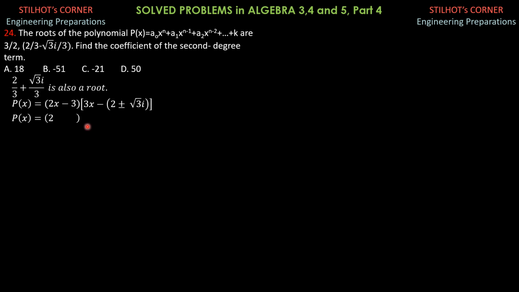So p of x is quantity 2x minus 3 times 3x minus 2 minus square root of 3i times 3x minus 2 plus square root of 3i.